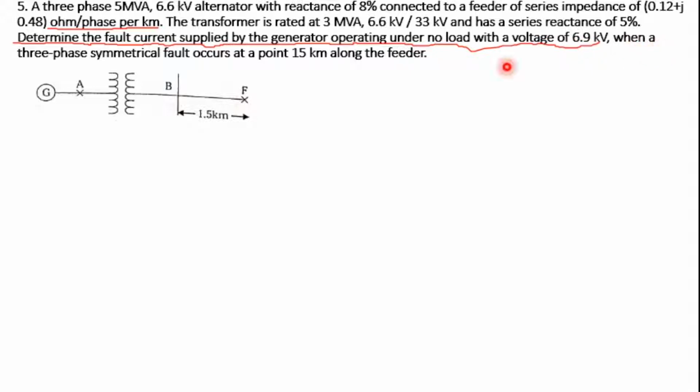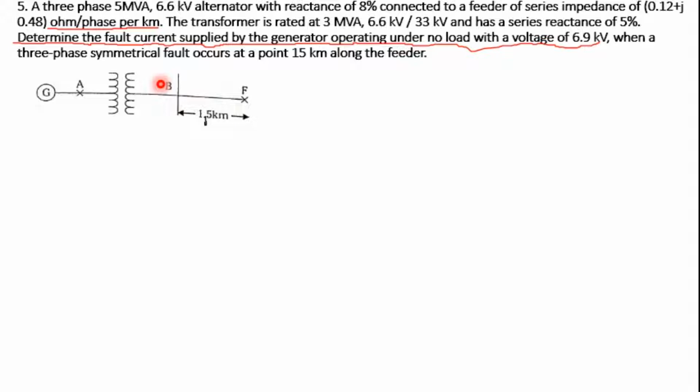There is a three-phase fault going to occur at 15 km along the feeder. So this is not 1.5, it is supposed to be 15 km. Then this is the single line diagram we have.